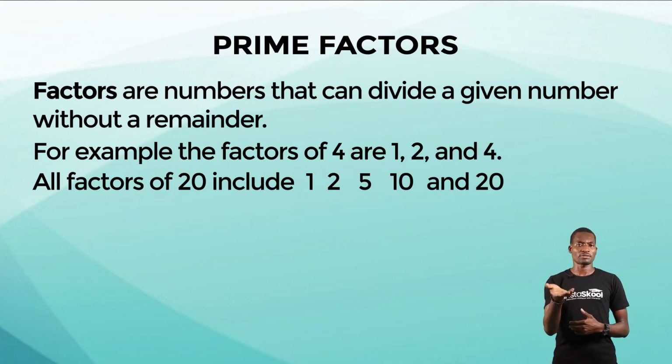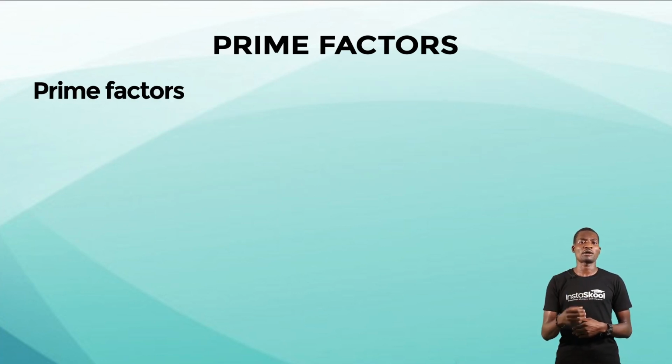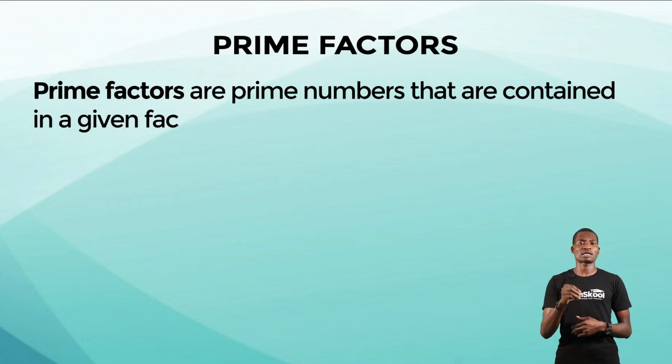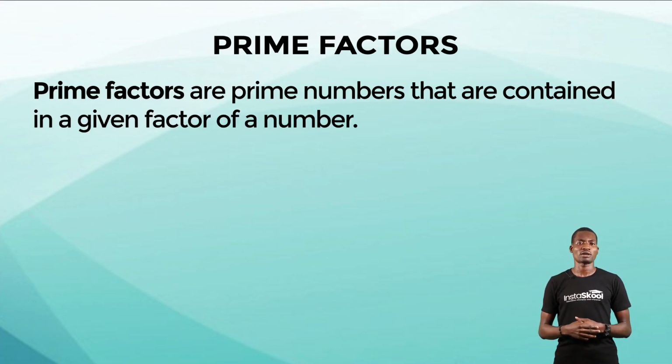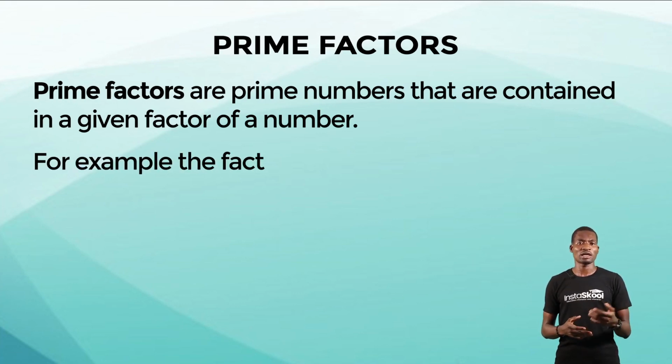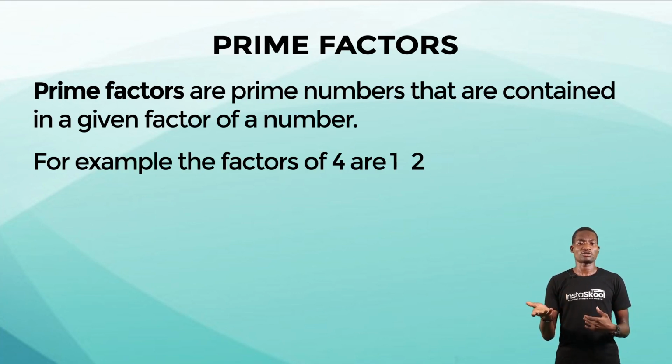Now, what are prime factors? Among the factors of 4, we need to take out the numbers that are prime. So, prime factors are the prime numbers that are contained in the factors of a number. For example, we mentioned earlier that the factors of 4 are 1, 2, and 4.